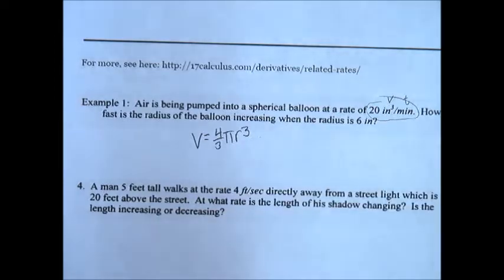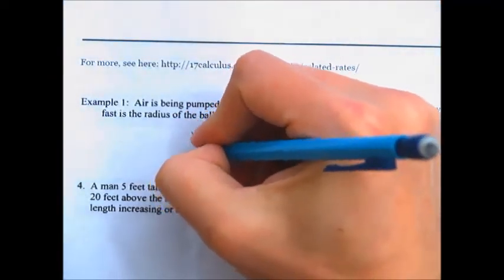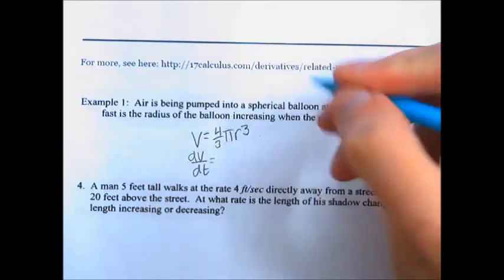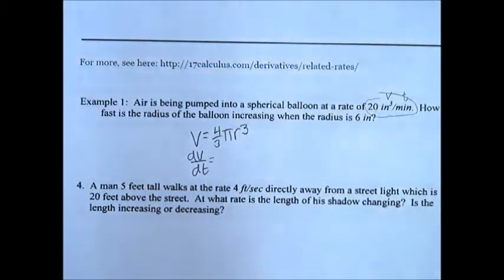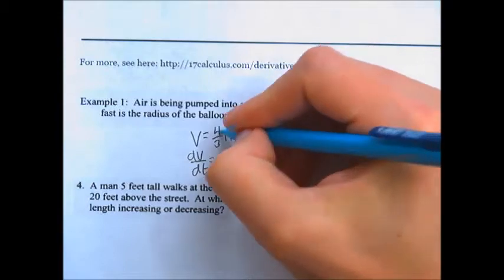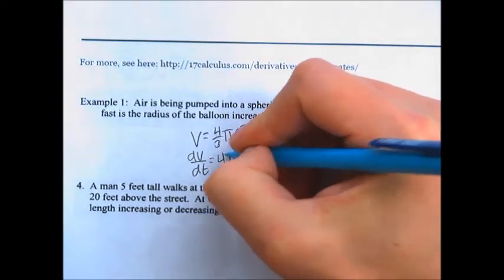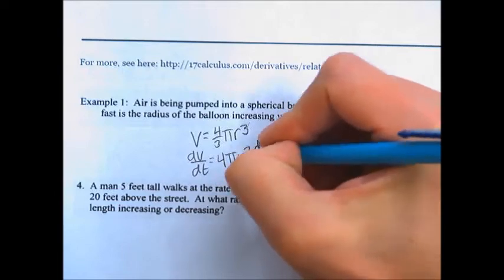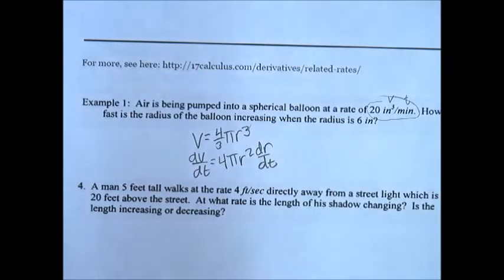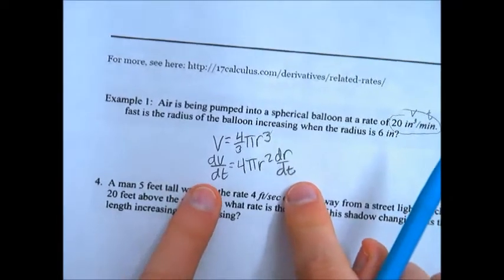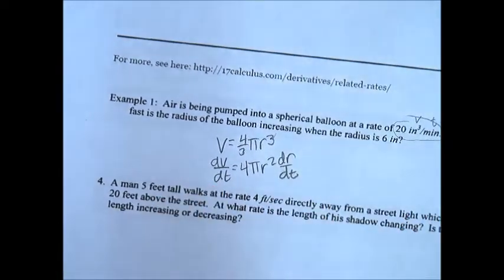So I should solve for dV dt so I can plug in 20. So I get dV dt is equal to, I got to take the derivative of this with respect to time. Pull down the 3, cancels out with that 3. I get 4 pi r squared dr dt. So this is evidence of multiple variables being taken the derivative of with respect to time.